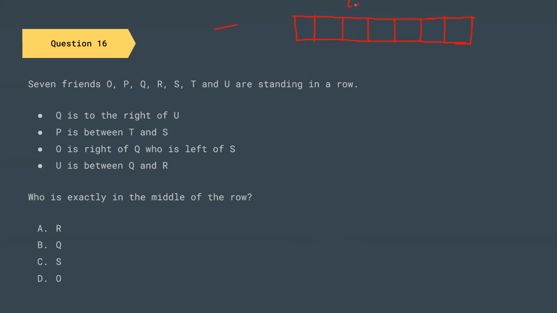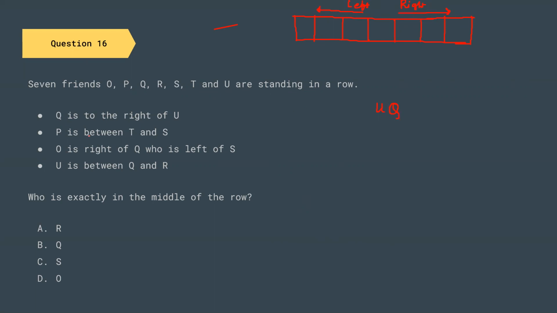So now we have left. This is your left hand side direction, and we have right. This is your right hand side direction. Okay. So Q is right of U. So that means U, Q.